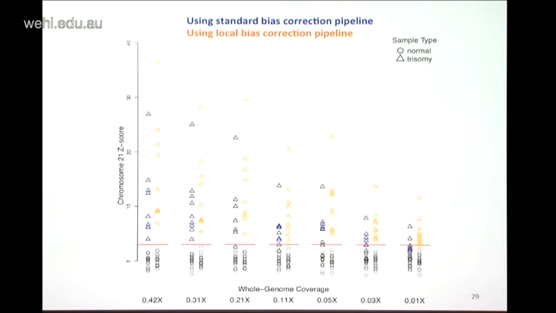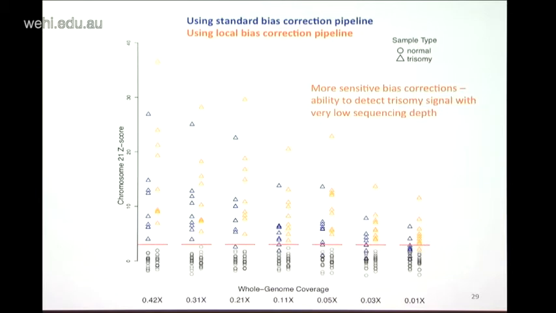Then as you decrease the whole genome coverage, you can see that we still detect the 9 trisomies right up to this coverage. This is extremely low coverage. It's about running 10 samples on a MiSeq machine. And you still get a pretty good discriminatory distance between the normals and the trisomies.